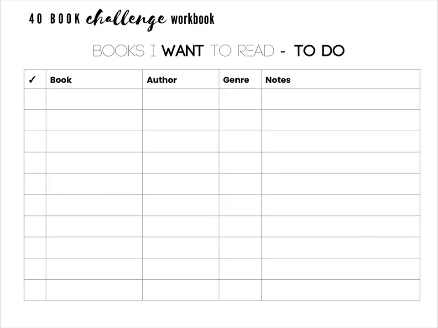When you read or find a book that you want to read, and I'm recommending a whole bunch as you go through, then I want you to write the name of the book. For example, okay, I forget the name of the author right now, but his name would go here. The genre, so I'm going to put realistic fiction, okay?